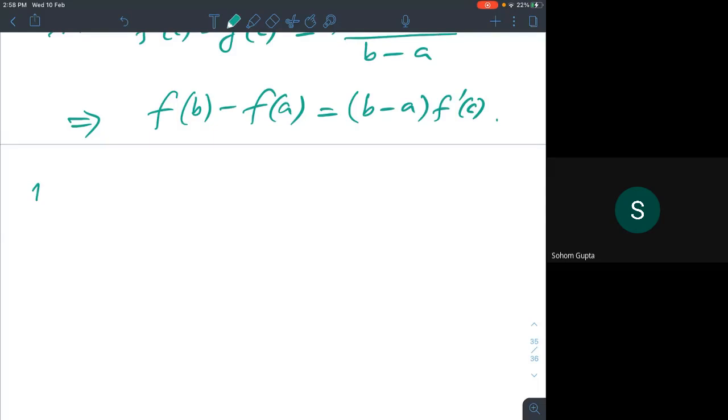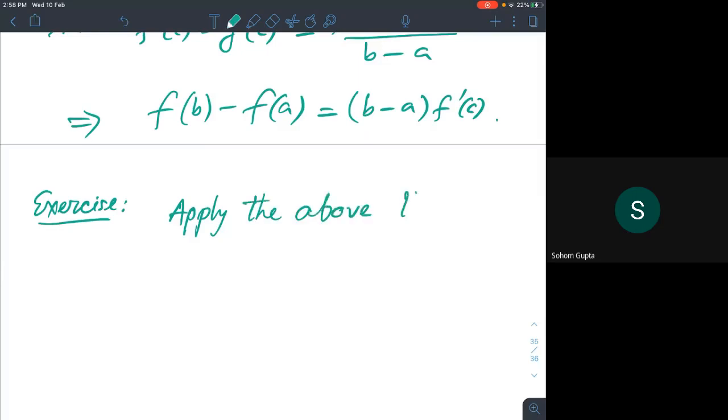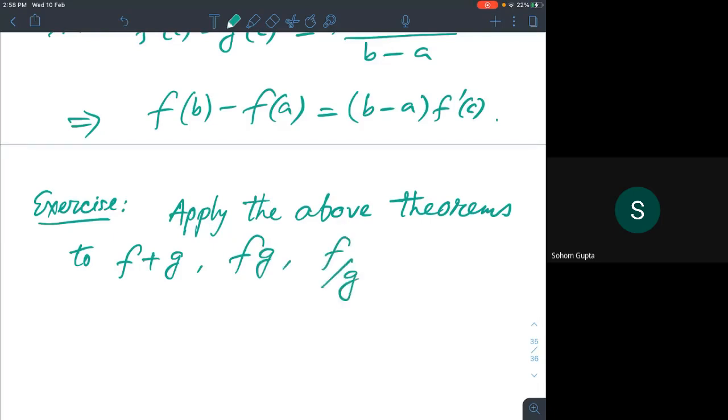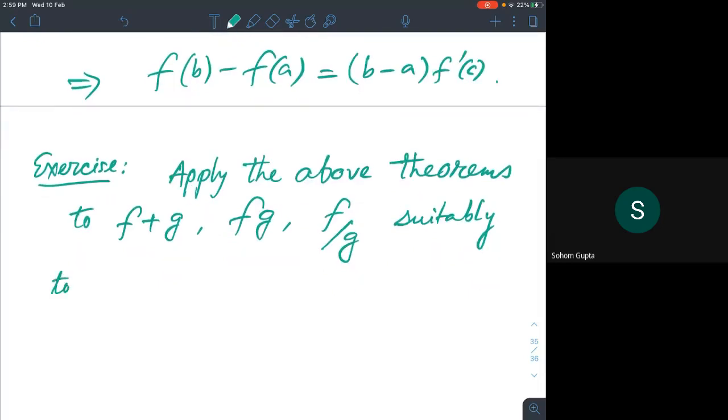Now homework will be, so this is an exercise. Apply the above theorems to f prime g, f g, f by g, suitably, to get new things.